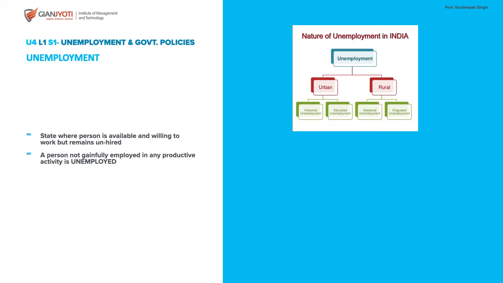Now, when we talk about the nature of unemployment in India, it is very structured. You have unemployment in urban areas and unemployment in rural areas. When we talk about urban unemployment, we can divide that into two categories: industrial unemployment and educated unemployment.